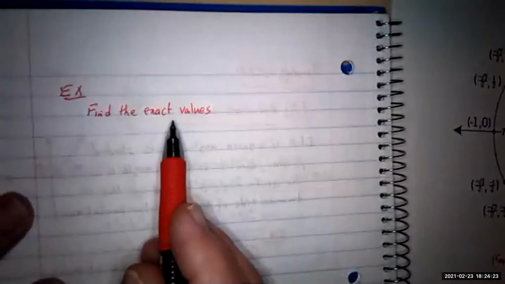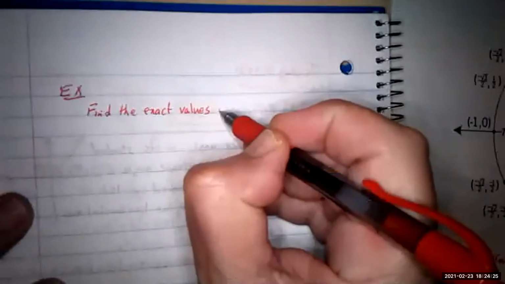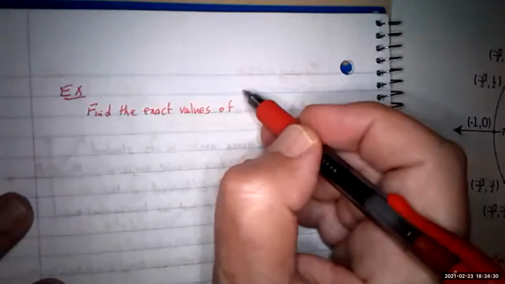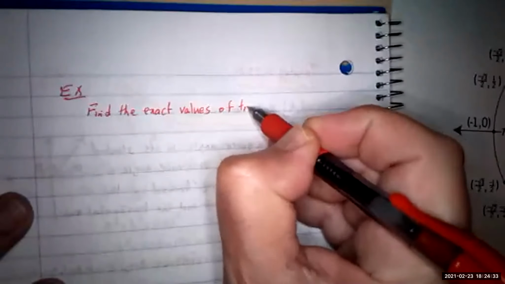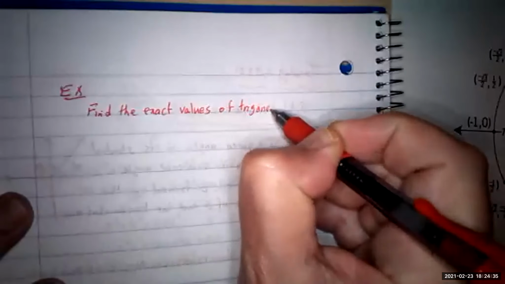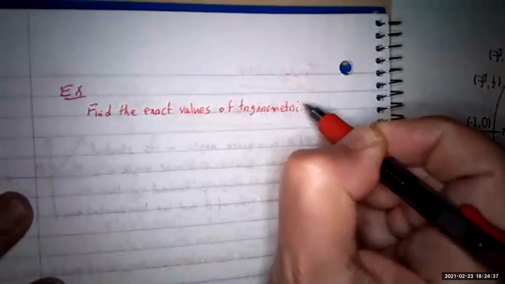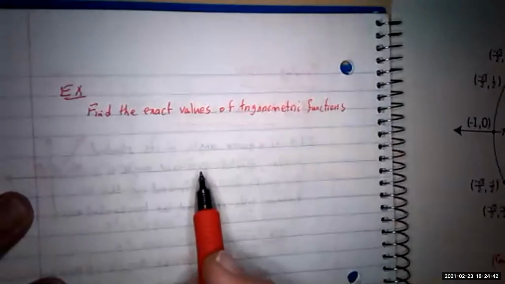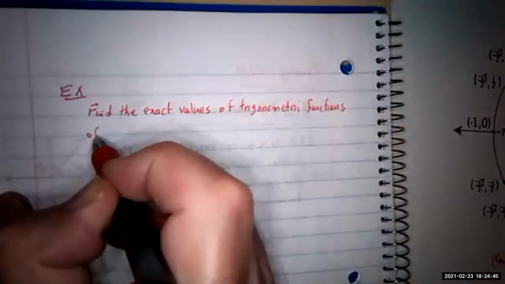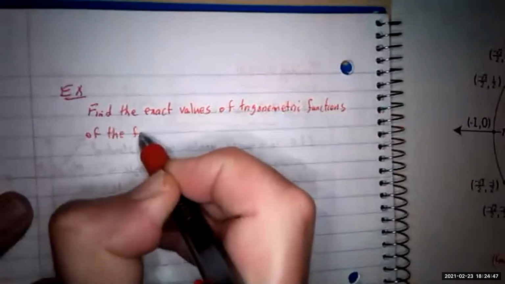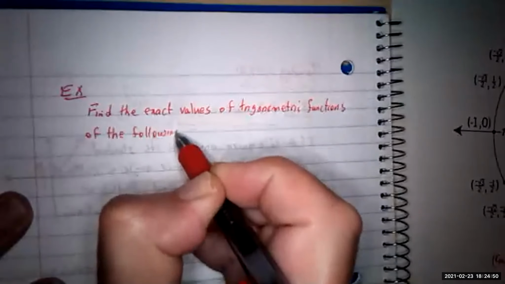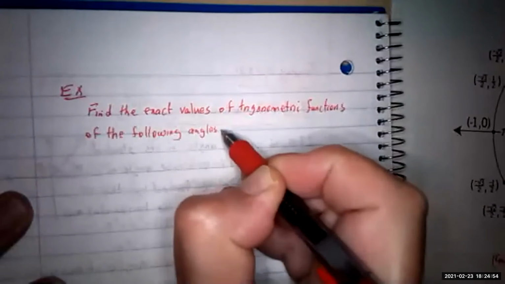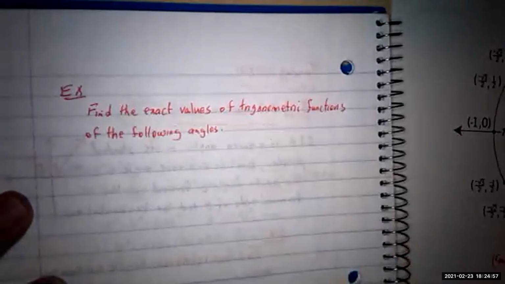Find the exact values of the trigonometric functions of the following angle. You have a number of them in your practice one, PQP one. So be careful. But again, using this table, you'll be fine.